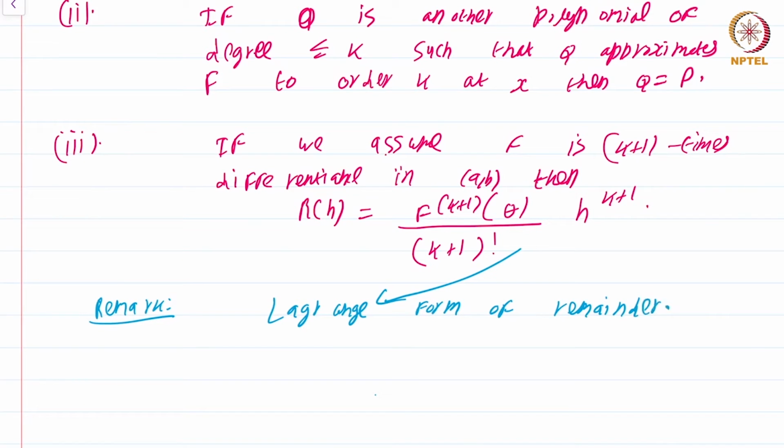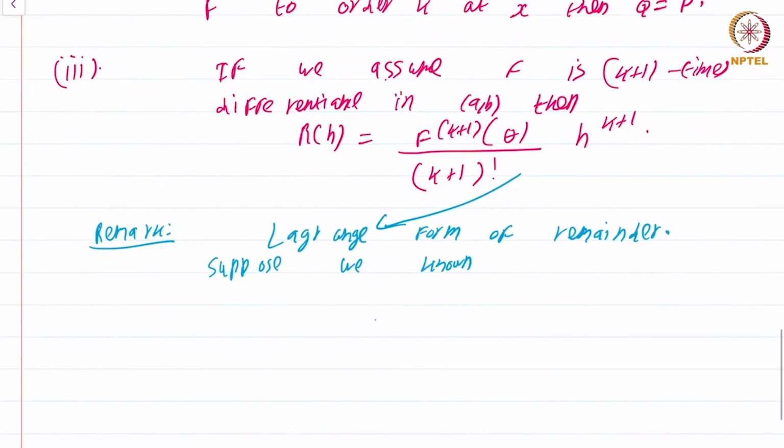It's very useful in the following sense. Suppose we know that mod f^(k+1)(theta) is less than or equal to M for all theta in (a,b). For instance, we know this for sine and cosine. The derivative of sine is cosine and the derivative of cosine is minus sine, and these just get repeated.